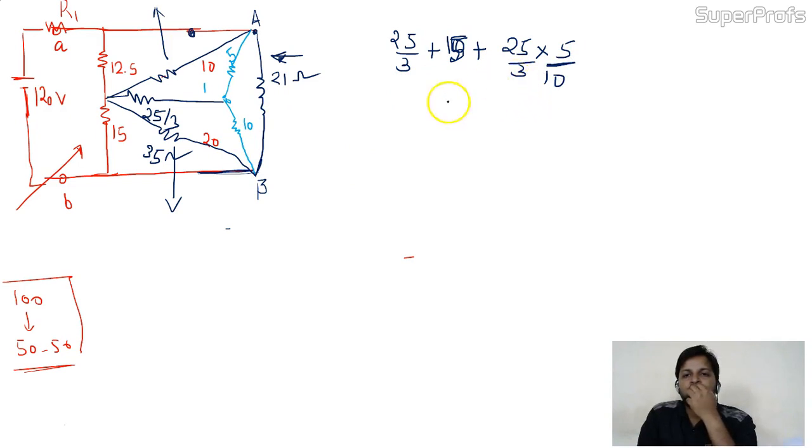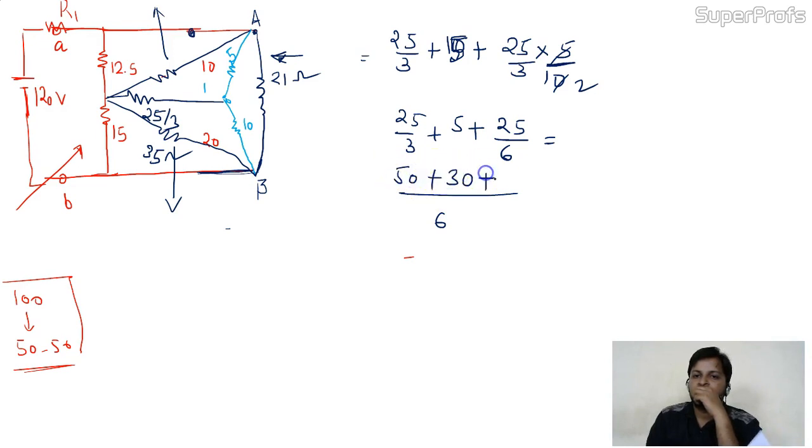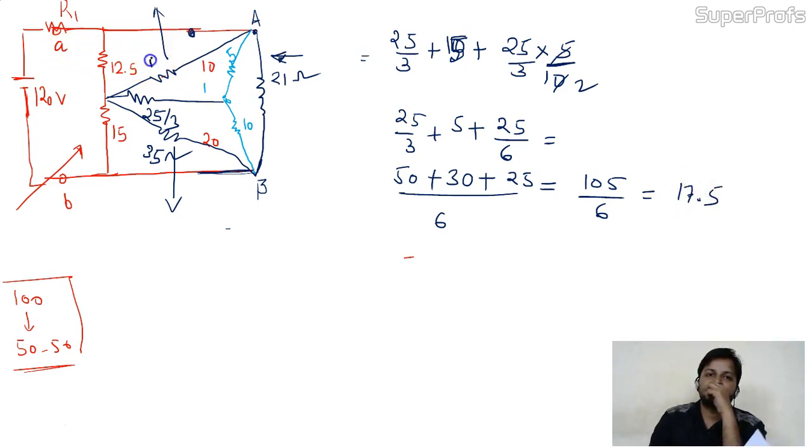Any problem? This is 25 by 3 plus 5 plus 25 by 6. When you take the LCM, we have 50 plus 30 plus 25, again 105 by 6. So this time when you divide, you will get 17.5.